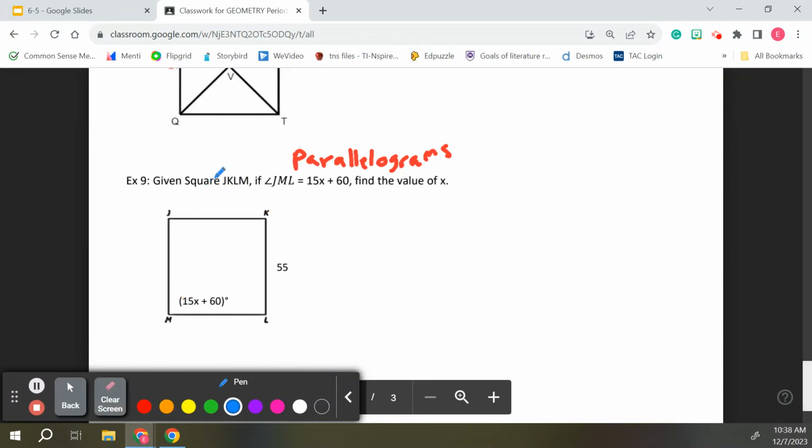All right, so given the square JKLM, if angle JML equals 15x plus 60, find the value of x. In order to find the value of x, JML, so this whole thing, we know this is automatically equal to what? How many degrees?